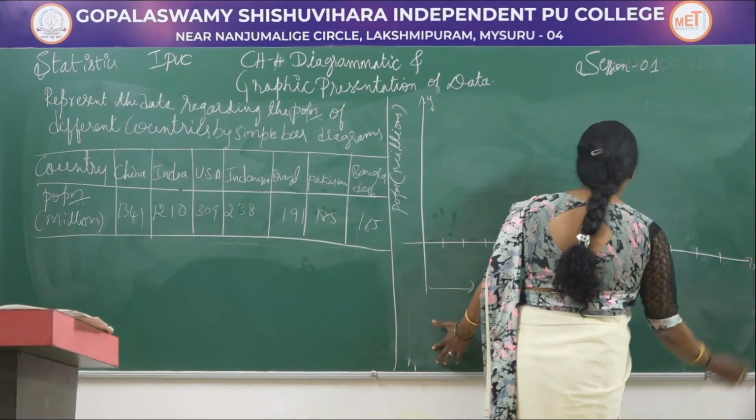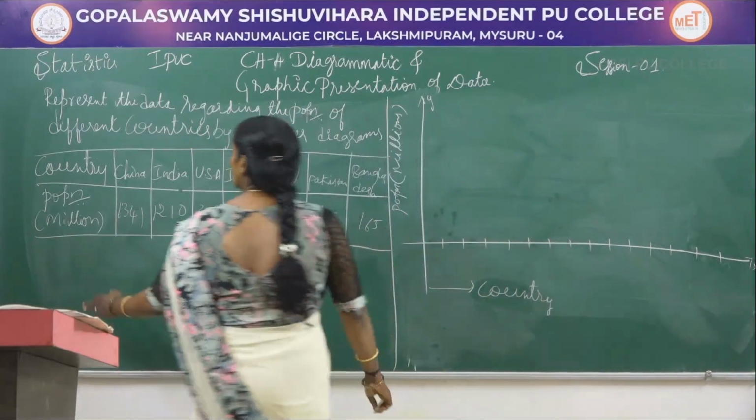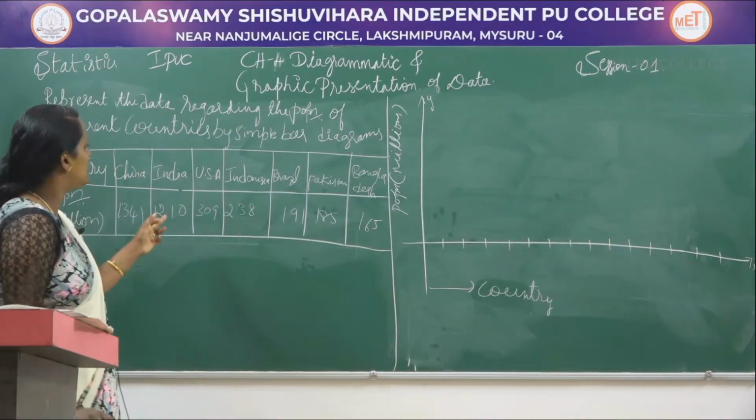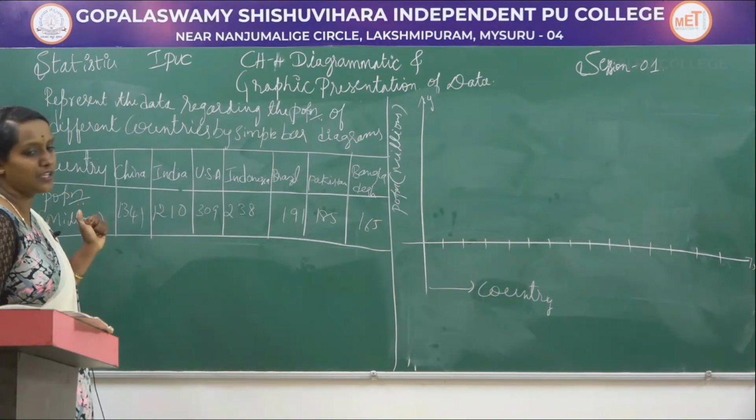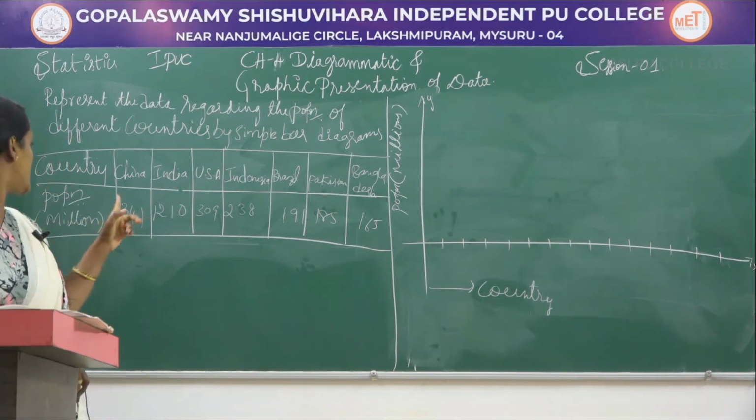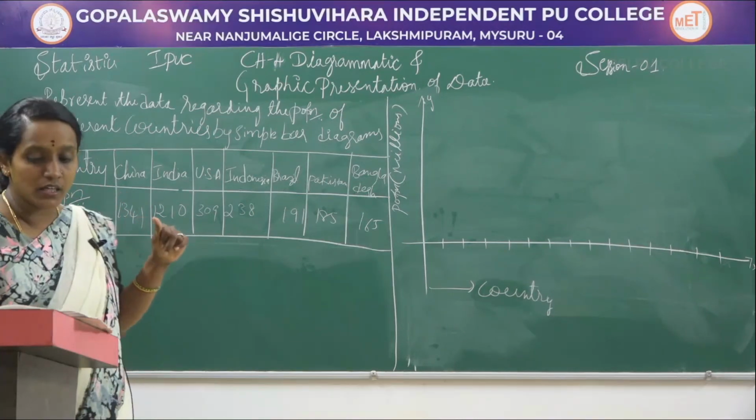The lowest population is 165, that is Bangladesh, and the highest is China, it is 1341.